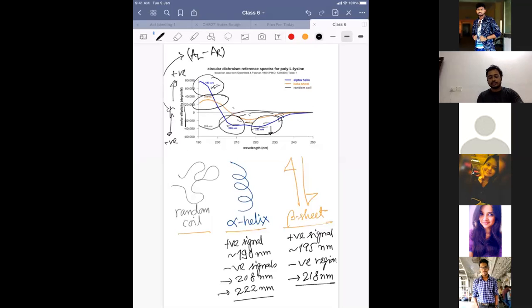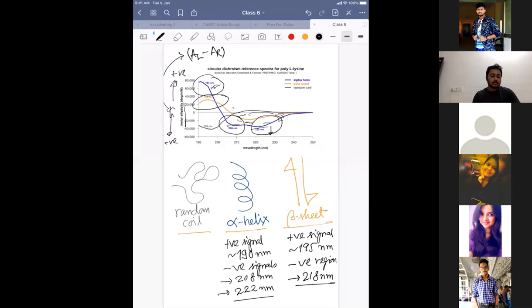So how are you going to differentiate between alpha helix and beta sheet in CD spectroscopy? You look at how many bands you are seeing in the CD signal in the negative region. If it is two bands, 208 and 222, it is alpha helix. If you are seeing only one band at 280 nanometer, it is a beta sheet.